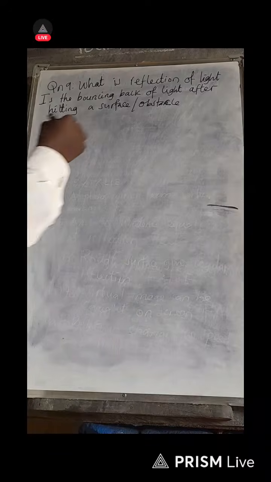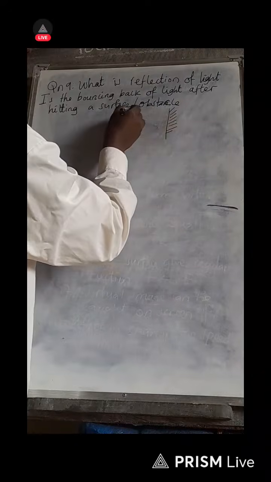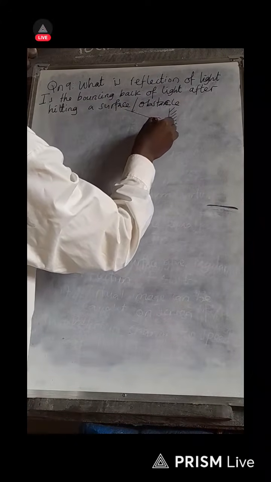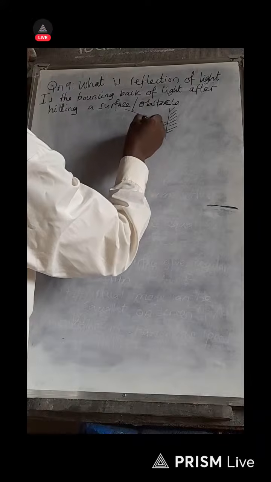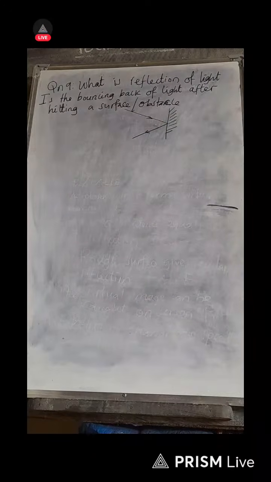So this is the meaning of the reflection of light. If you have the plane mirror here, the light is coming, it is thick, then it is reflected. This bouncing back is what we call bouncing back or throwing back of light. So that is the meaning of the reflection of light.